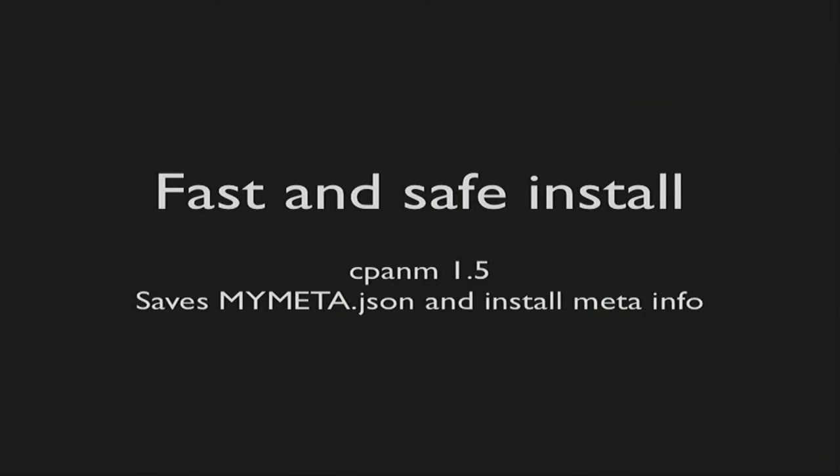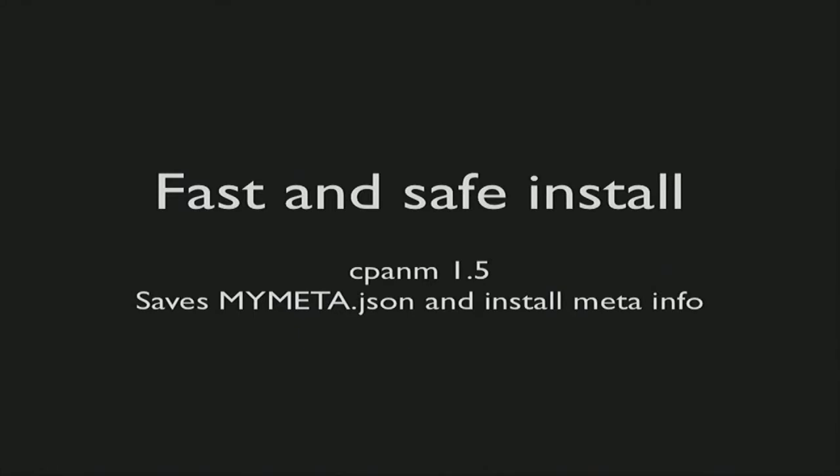And 1.5 has a new feature to save the installation time information into the include path. It might not make sense to you, but when you install a module from CPAN, it runs Makefile.PL or Build.PL to analyze your system and figure out the dependencies, sometimes dynamically, and the existing tools, CPAN and CPANPLUS, just throw away this information.